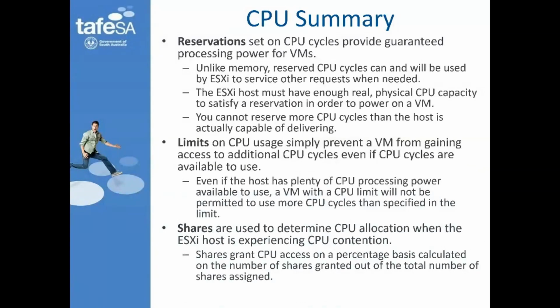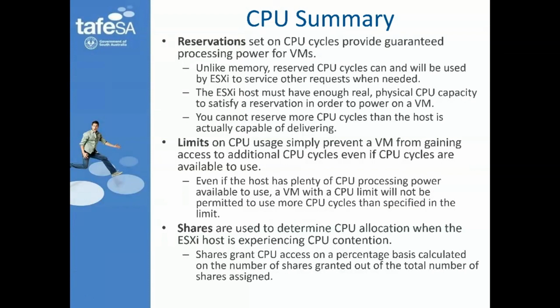So, summary: a CPU reservation guarantees processing power for VMs. Unlike memory, if the reserved CPU cycles are not used by one VM, they will be given to others. The ESXi host must have enough real physical CPU capacity to service all the reservations before it allows you to turn on any more.